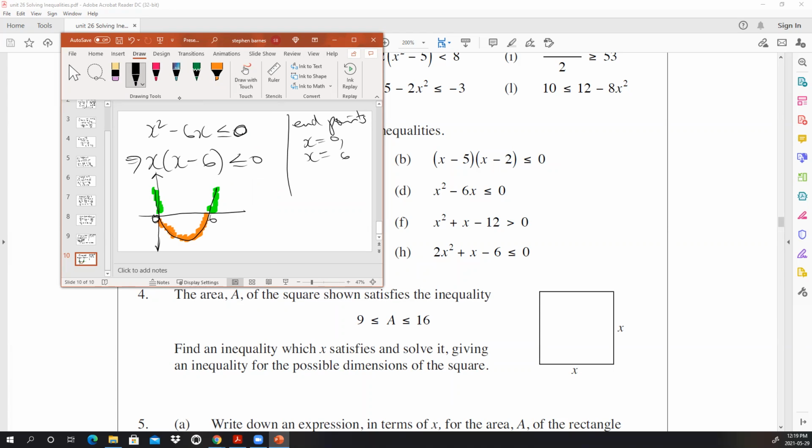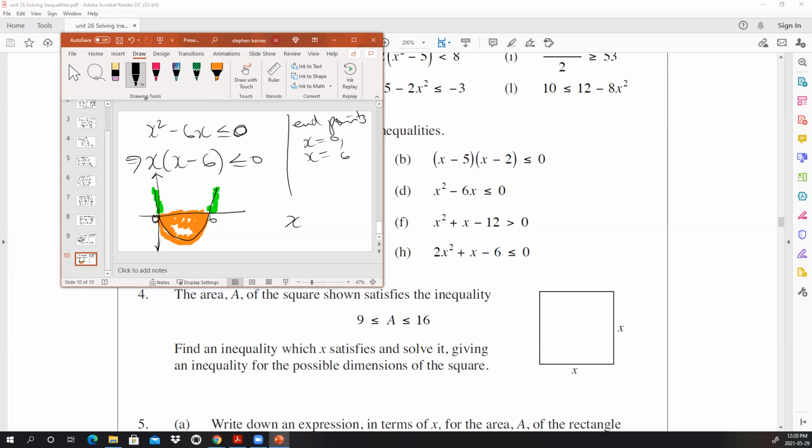So this saying less than 0, you want values down here. When the values on the line here are between 0 and 6, you end up below the y-axis. And that's all it is. So you end up below the y-axis for values between 0 and 6.